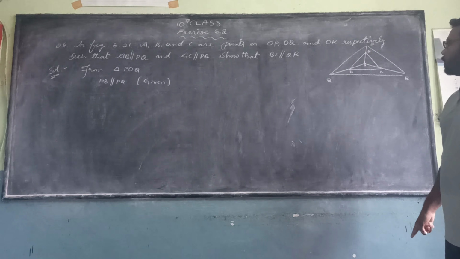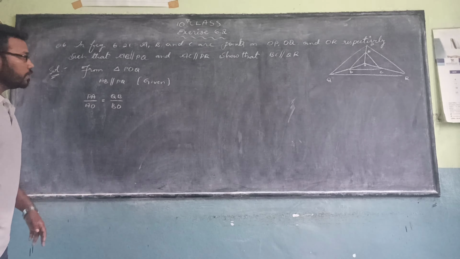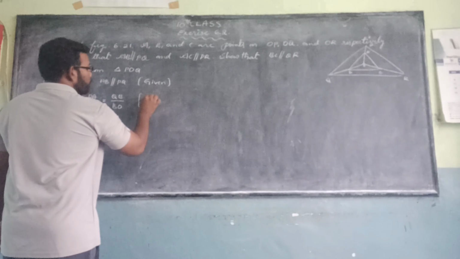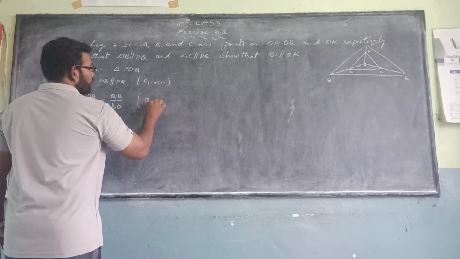So clearly we can say that PA by AO is equal to QB by BO, because here we use the basic proportionality theorem, BPT. So this is equation 1.